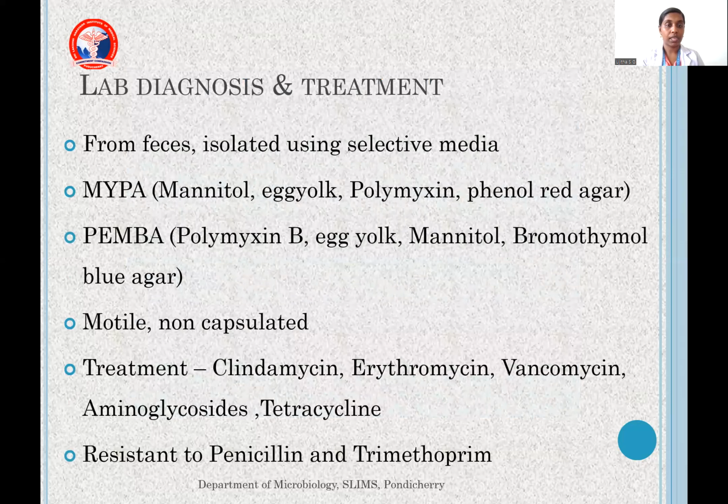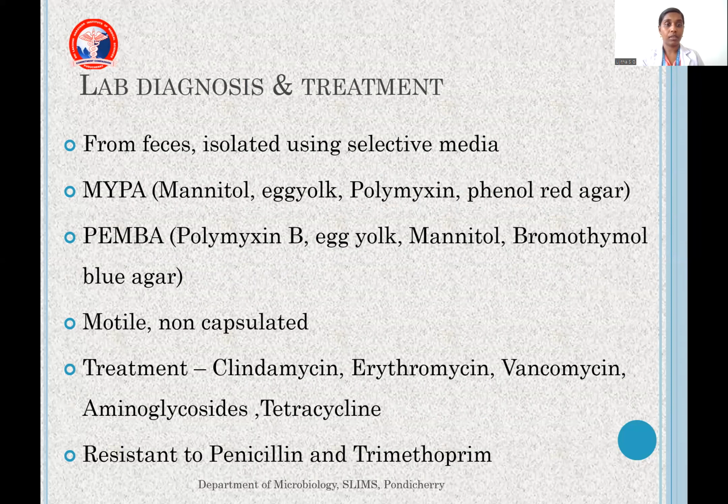Now coming to the laboratory diagnosis and treatment of Bacillus cereus. The specimen that you collect for laboratory diagnosis is the feces, and we should inoculate it into selective media for isolation. The selective media are MYPA, mannitol egg yolk polymyxin phenol red agar, and PEMBA, polymyxin B egg yolk mannitol bromothymol blue agar.